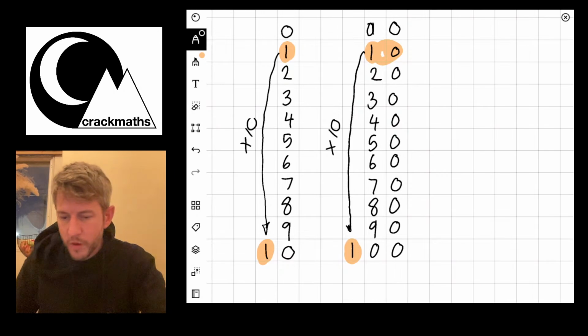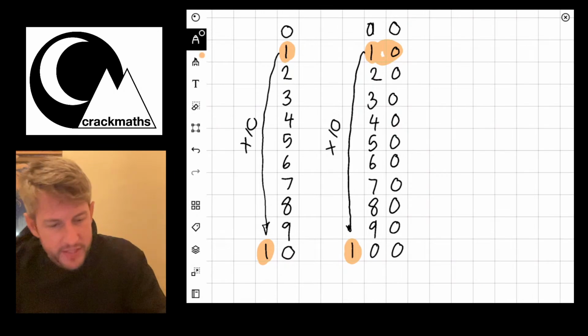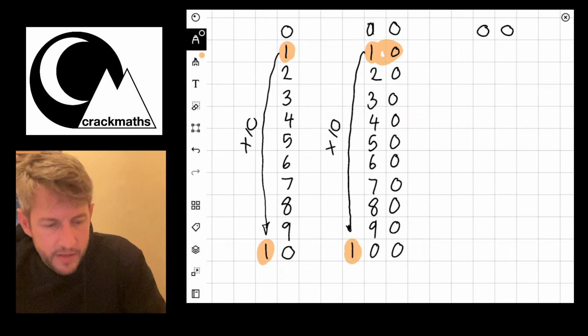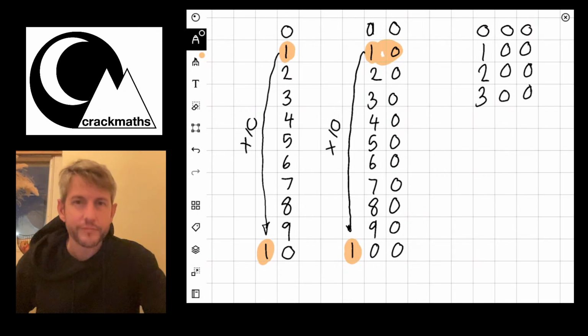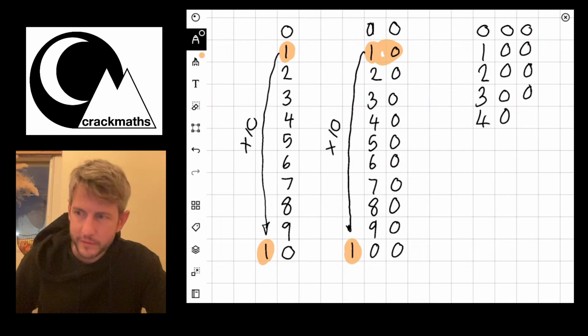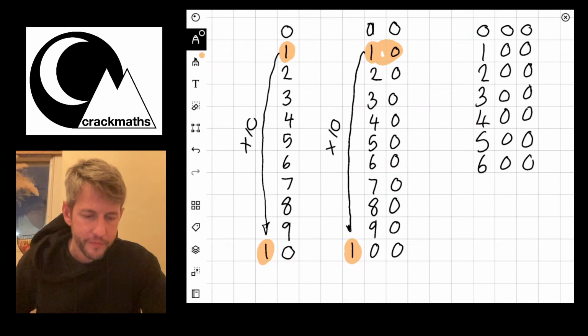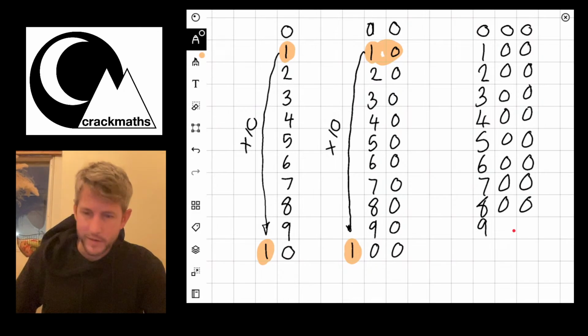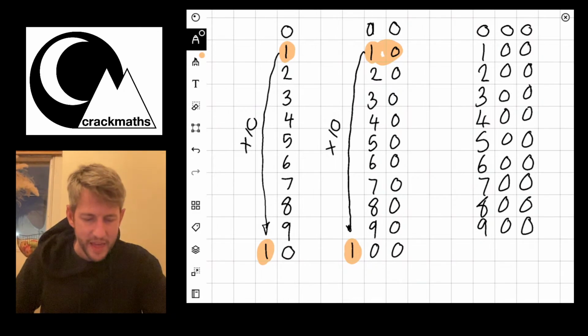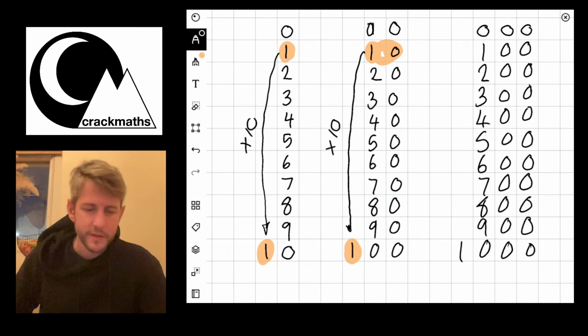It also works with 1,000. So if I started with triple zeros here, 0, 0, 0, and I count up in hundreds, we get 100, 200, 300, 400, 500, 600, 700, 800, 900, and then 1,000.